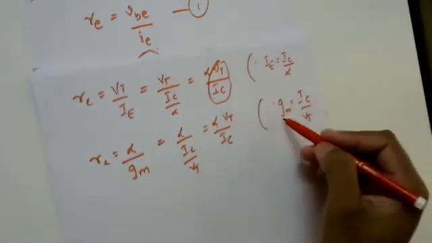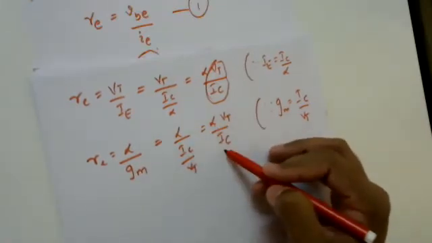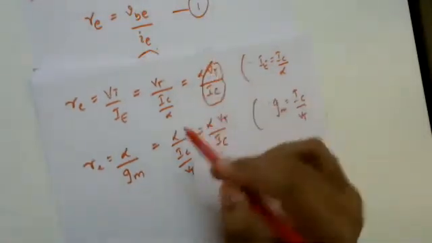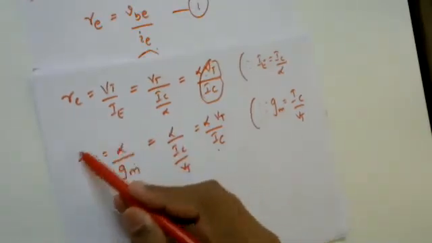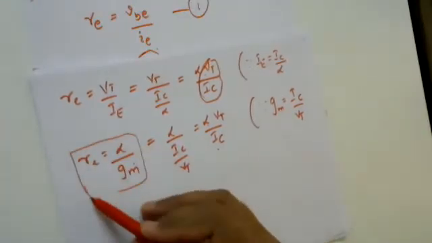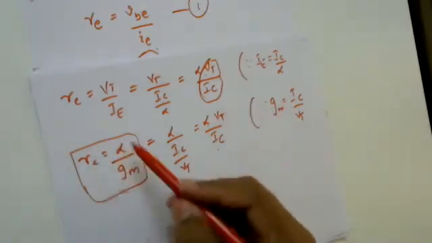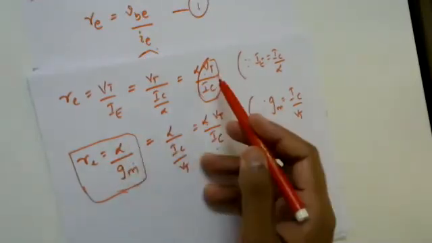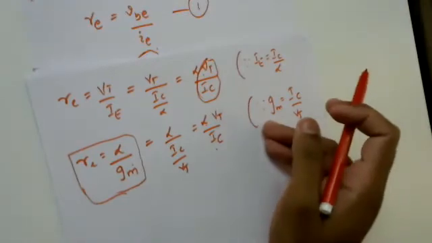You will ask, sir, when I'm deriving the equation from this term to this term, why are you substituting back? This form of equation I'll be using at some level. I just introduced that I've brought the equation into this form, and now I'm taking it back to the origin: alpha into VT divided by IC.